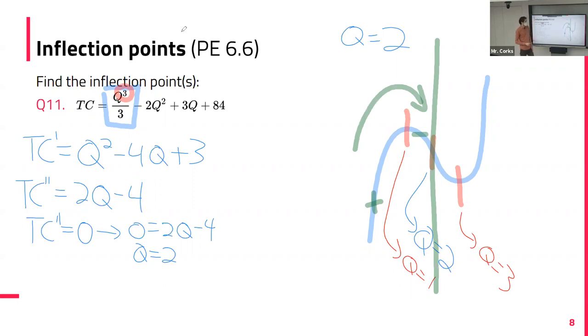They're getting more negative. And then on the other side, sometimes negative, sometimes positive, but the whole time they're getting closer to positive infinity. So curving down, then curving up, sort of slowing down, then speeding up like that. All right, so that's the concept of an inflection point like this.